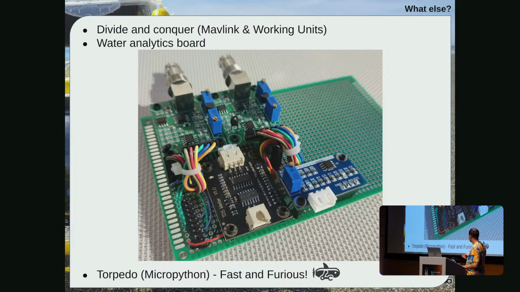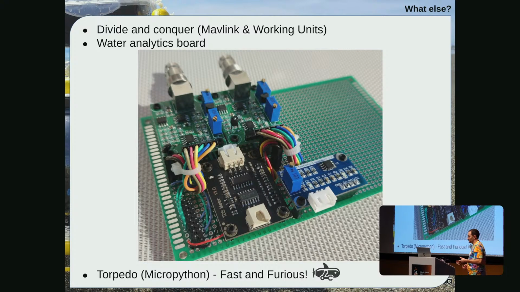And there is also a torpedo. This is a different project, but it's based on the same things. It's an approach like Fast and Furious. It's a submarine whose shape is like a kind of torpedo, and it's made with ESP32 and MicroPython. The point is to give a plan, and using the GPS it is supposed to make a path on the water.